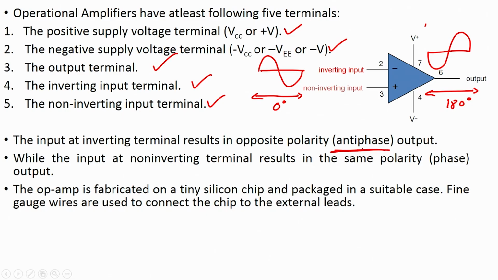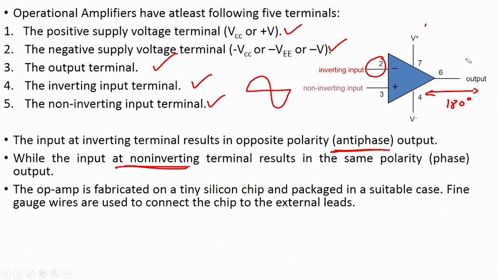When we apply input to terminal number 2, that is the inverting terminal. When I apply input at the non-inverting terminal, so now what I will do, I will apply input here, then my output will be in phase, you see, same polarity, alright.